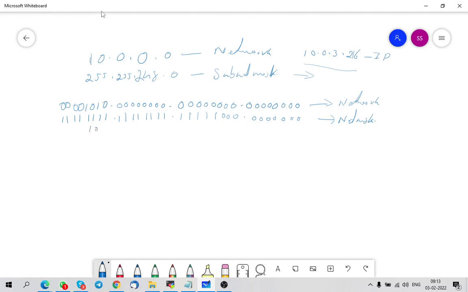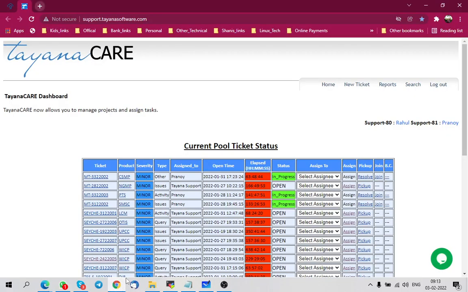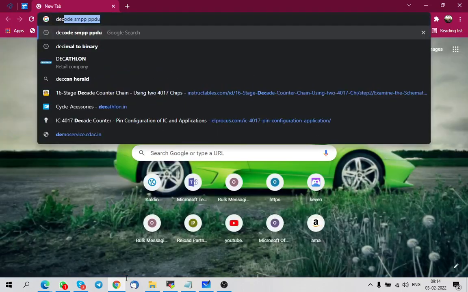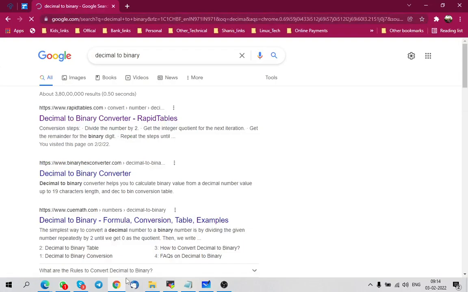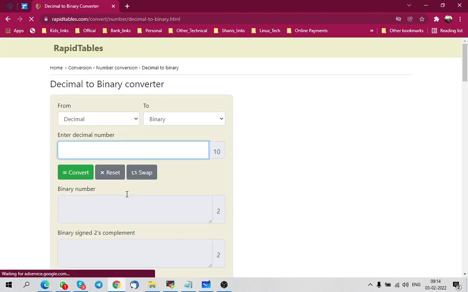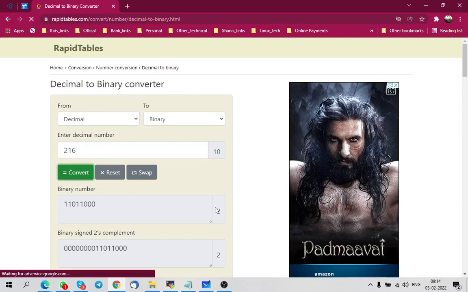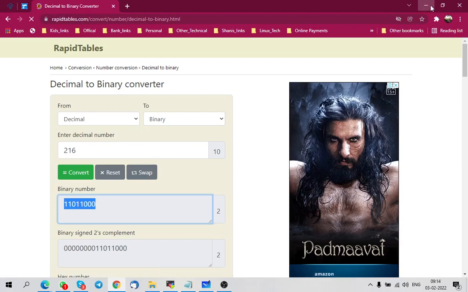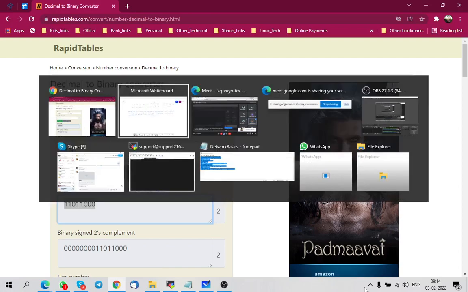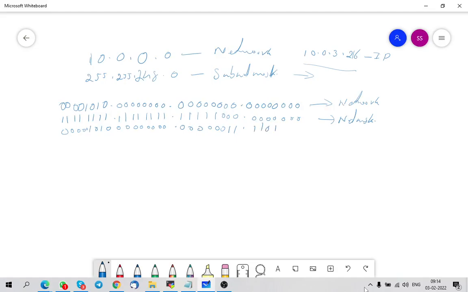Here again this is 10, then the remaining zeros, then 0, then 3, then 216, which in binary is 11011000.